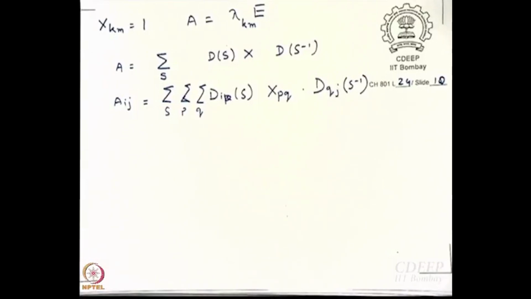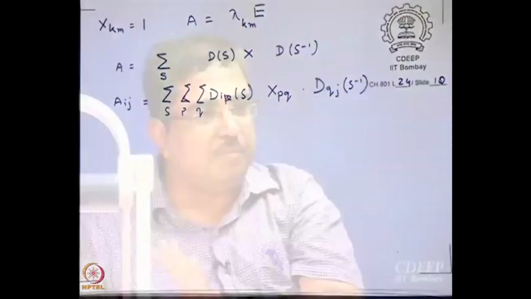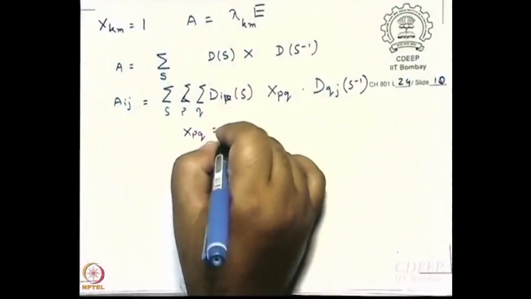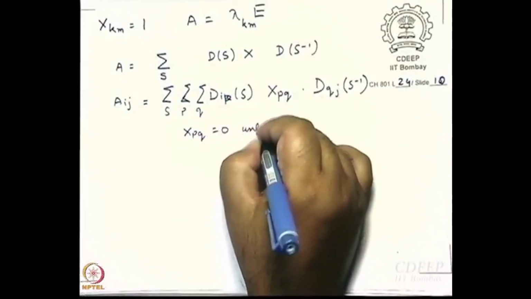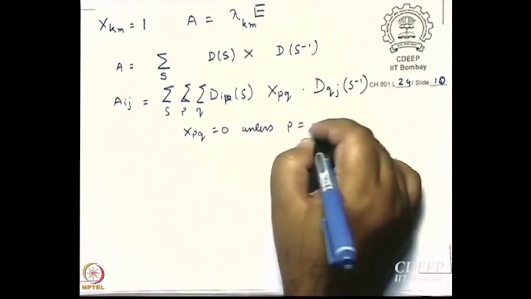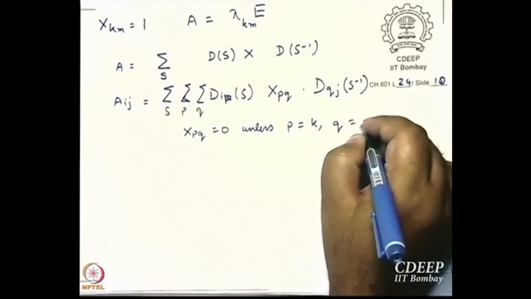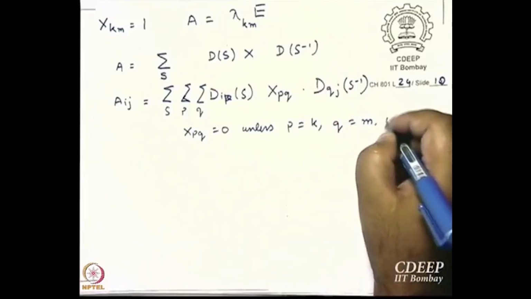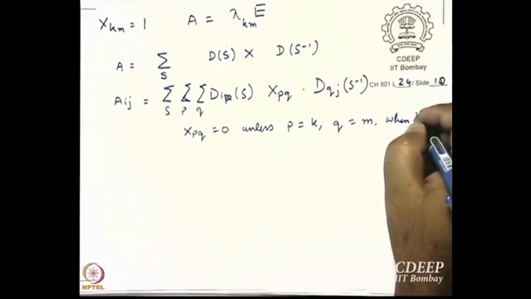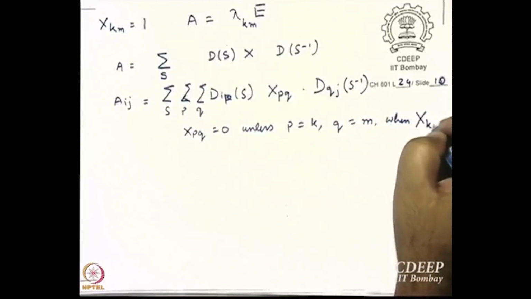That is from the straightforward rule of multiplication of matrices, right? And now the nice thing is Xpq equal to 0 unless p equal to k and q equal to m, when Xkm equal to 1.